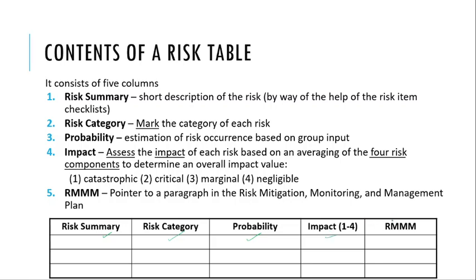A rating is given, like catastrophic number 1, critical number 2, marginal number 3, negligible number 4. According to the possible impact, we can give it 1, 2, 3 or 4. Finally we make a pointer to the RMMM for the next plan.